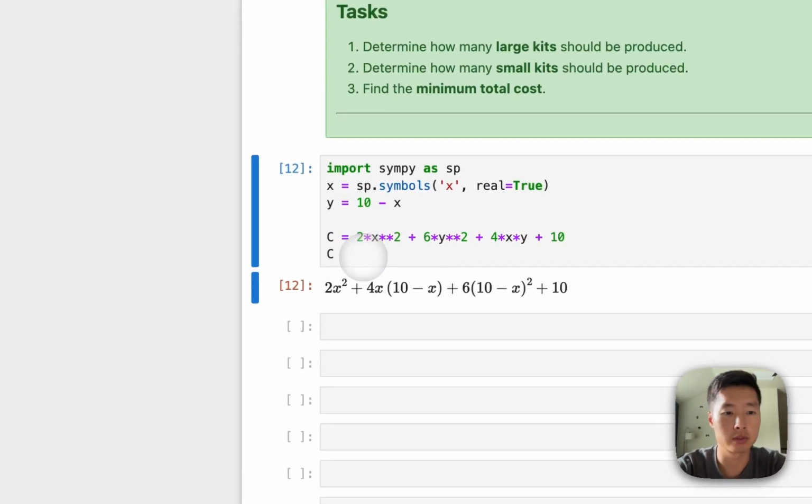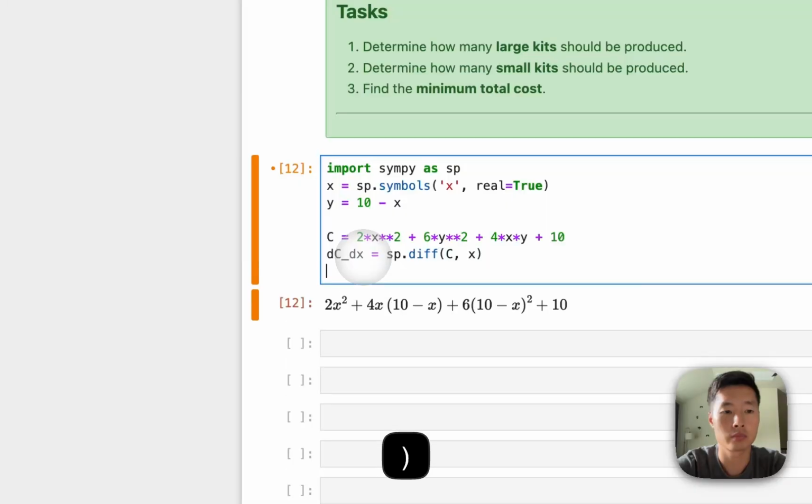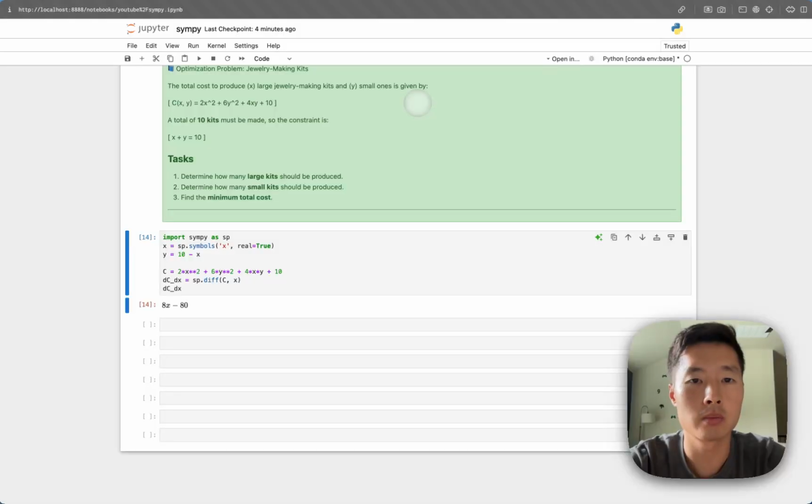So now let's write. Here, this line of code, dc_dx is equal to sp.diff(c(x)).